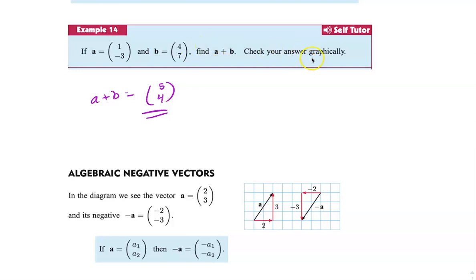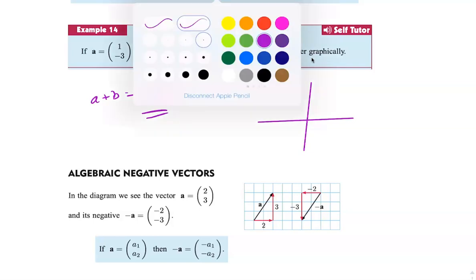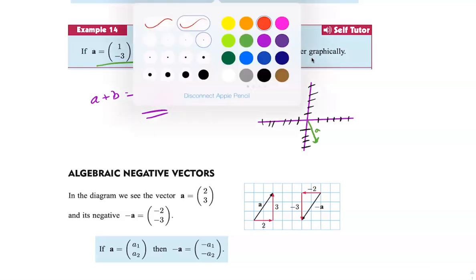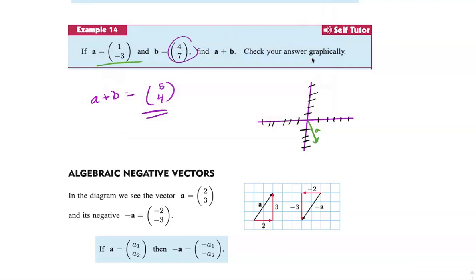Let's check our answers graphically, which you generally don't have to do because it's so easy, but let's just show you the visual. Again, it's not going to be perfect, but we'll try. Now let's graph A, 1 and negative 3. So something to this effect, that's my A. And then B will be 4, 7, so over 4 and up 7.